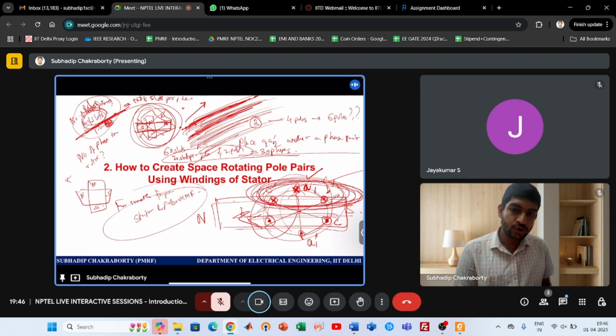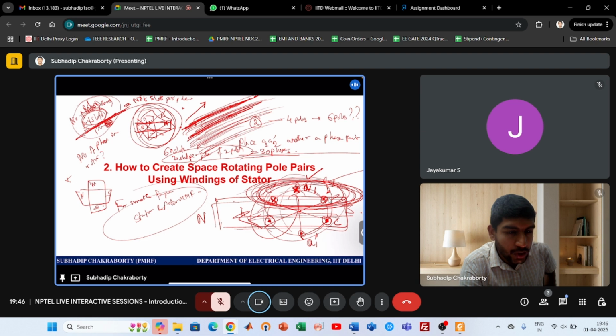So understood that they should be equal in number, and for that, if I have 2 poles on the stator, I should have 2 poles on the rotor. But what I am telling, the stator is 3-phase, that you can also see. And I told you the rotor poles are nothing but the number of slots per pole. Now how many poles should be there in the rotor if the stator has 2 poles? 2.